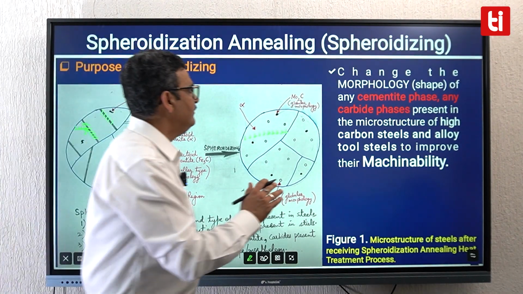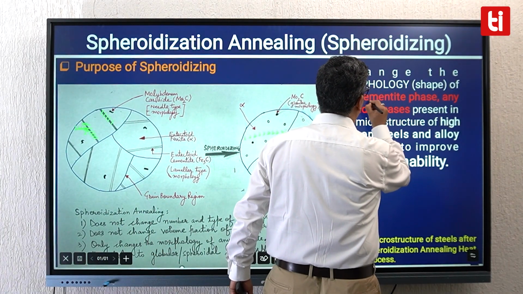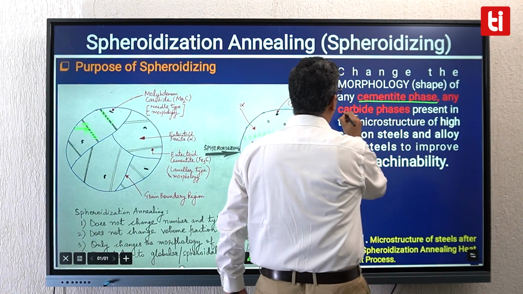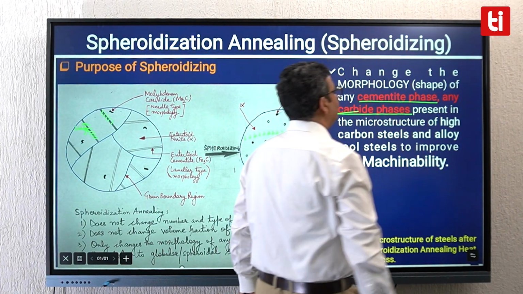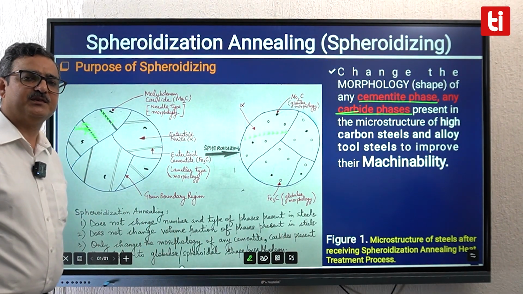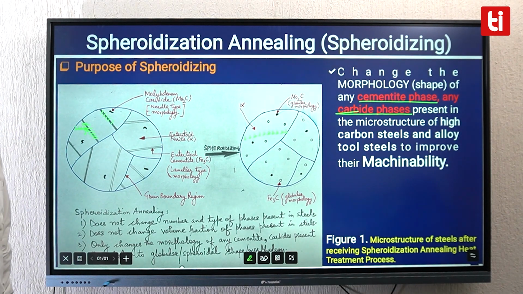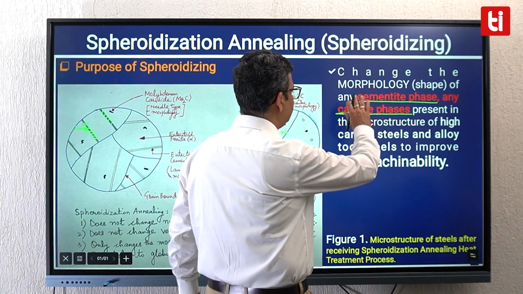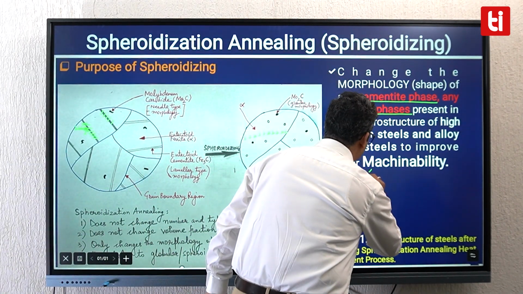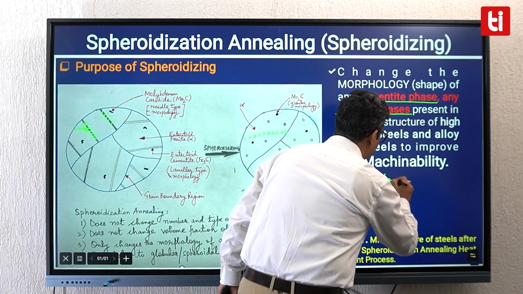What's the objective? We have to change the morphology or the shape of the cementite phase or any other carbide phases which are present in the high carbon steel or alloy tool steels, and we have to essentially bring them into a globular or a spheroidal form.